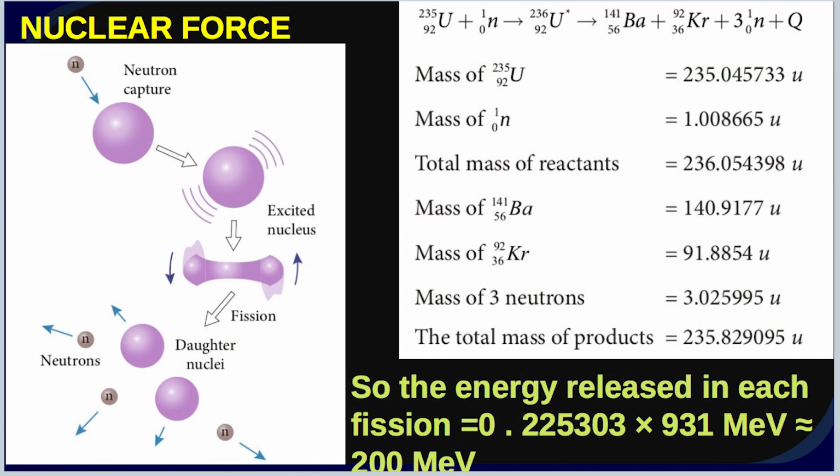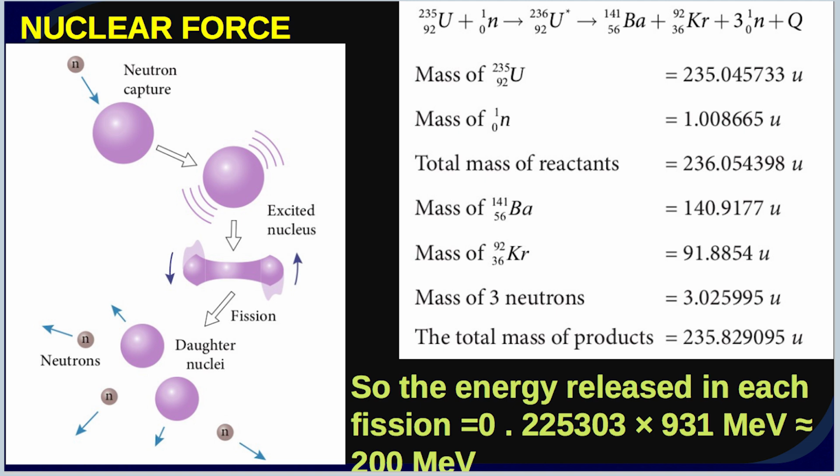This is a schematic diagram of nuclear fission. In order to calculate the energy Q given in the equation, we finally have to calculate the mass defect. So we calculate the total mass of the reactants and the total mass of the products. In the reactants we have uranium and one single neutron, the slow neutron, and in the products we have 3 neutrons with barium and krypton, and we can get their masses.